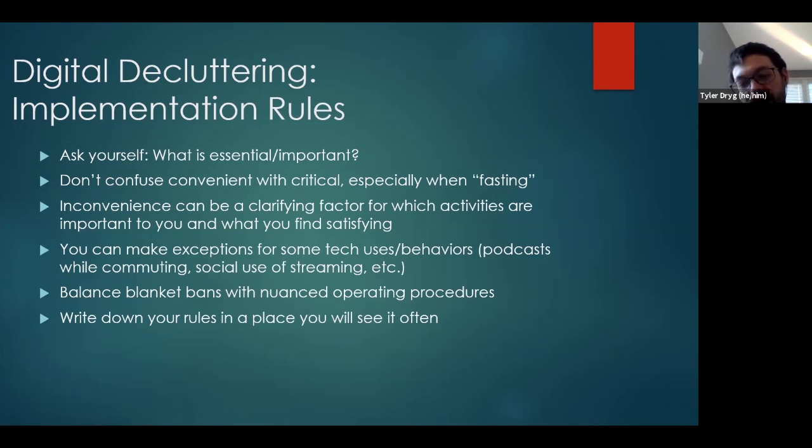Maybe you only use Netflix with other people and not by yourself. And also, it's important when you're starting this process or designing your implementation rules to write things down and then refer to those rules often, so that you know how things are going to go, so you don't fall back into bad habits.